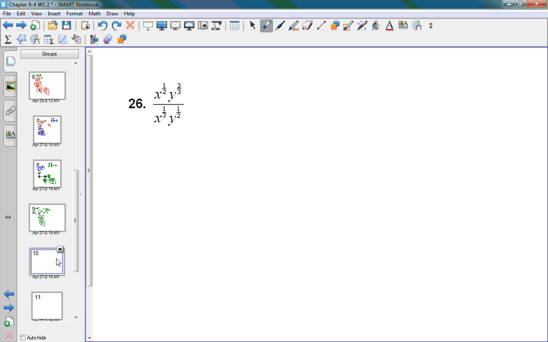Number 26. Do I have any powers outside of parentheses? I don't even have any parentheses, do I? So what should I do? Numbers with numbers, letters with letters. Is that already happening? Good, right?